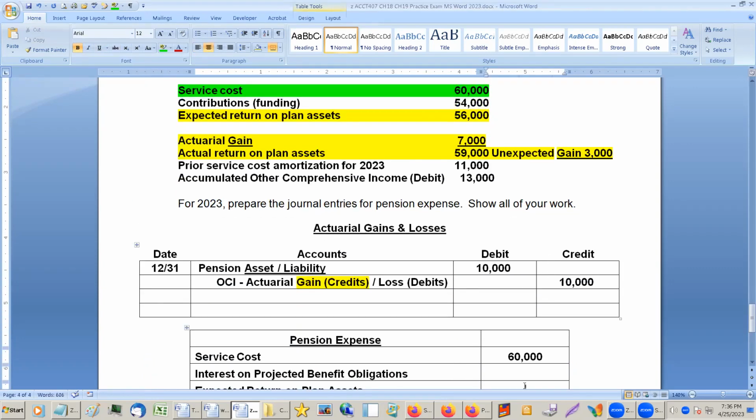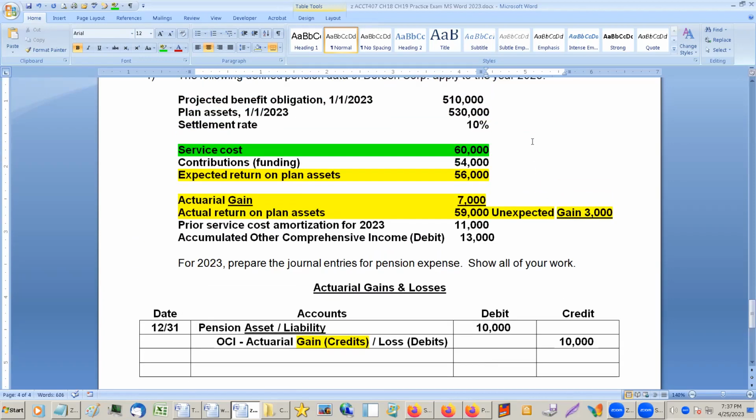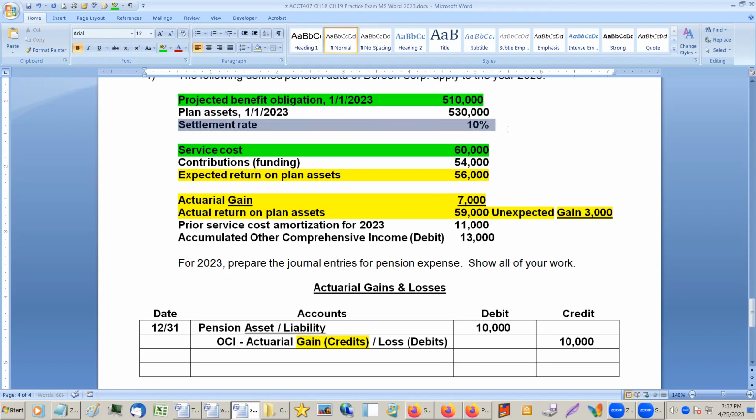Interest on benefit obligation, that thing times settlement rate is 10%. At the beginning of the year, this one was overfunded also, more assets than liability. Okay, times 10%. 51,000.